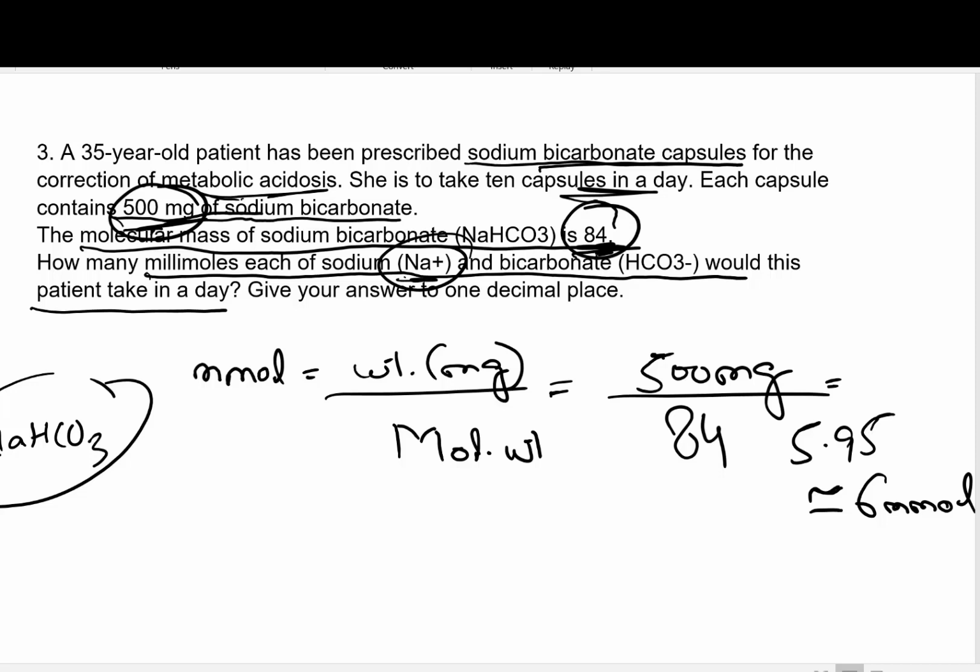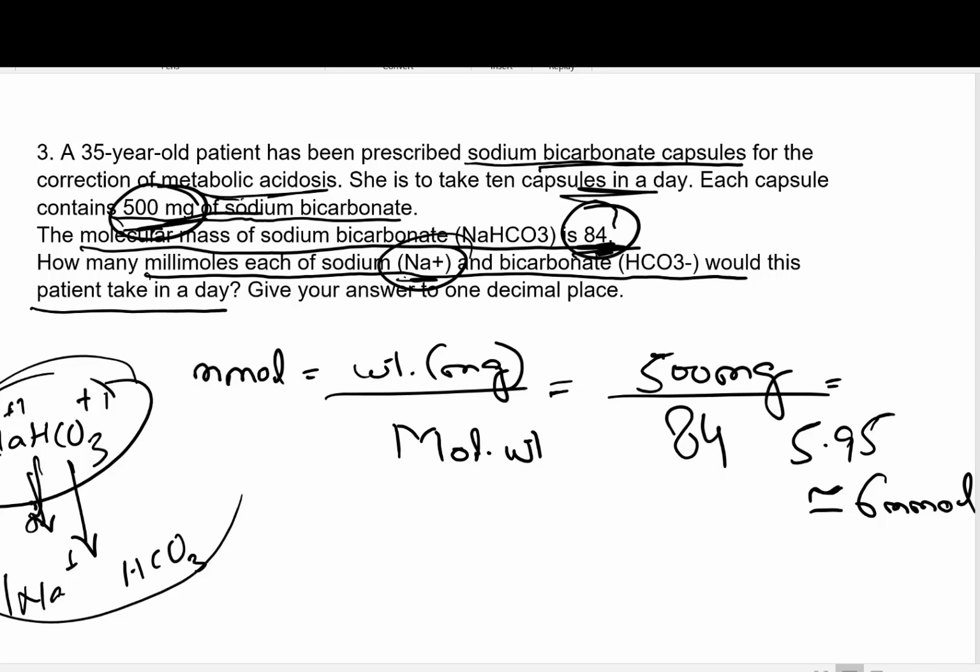Now, in a question like this, you need to see that the sodium bicarbonate formula has a valency of sodium. It's 1 sodium and 1 bicarbonate. So if you remember from your chemistry, it will produce in a solution 1 millimole of sodium and 1 millimole of HCO3. So it's the same, because it's producing 1 and 1.